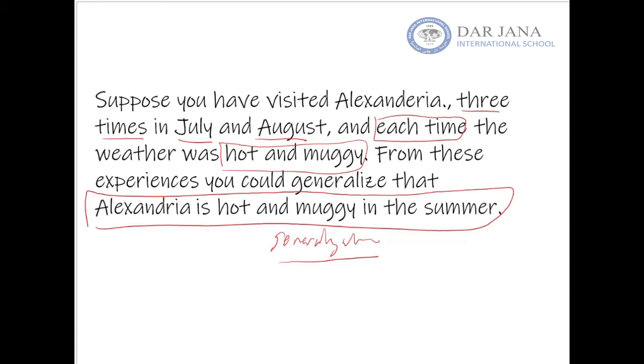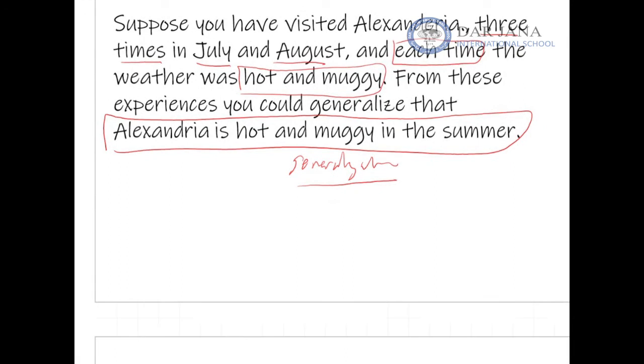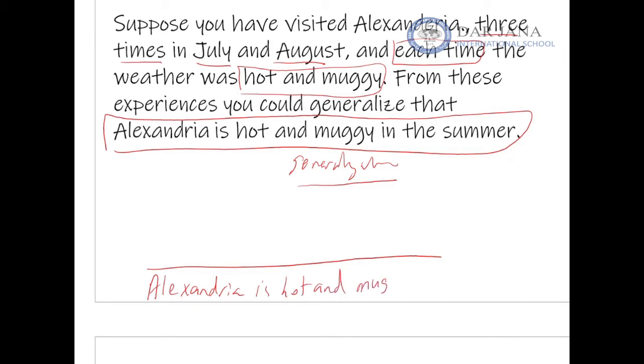So if I want to use that in reasoning, I can use it in such a case. I can use this one. That's the conclusion, which is in this case Alexandria is hot and muggy in the summer.